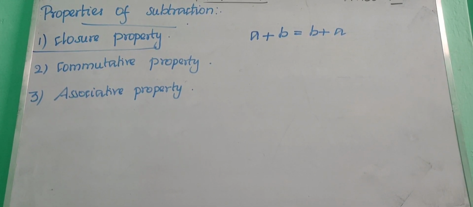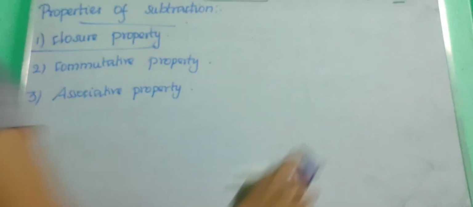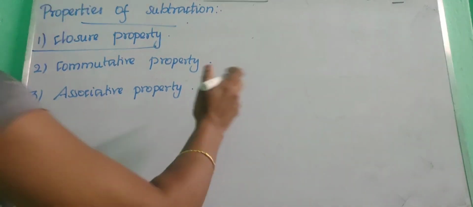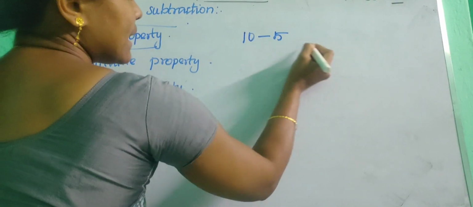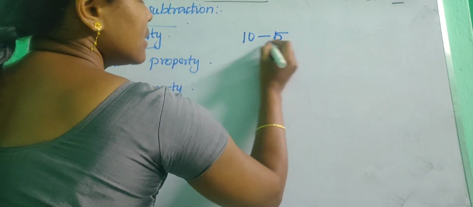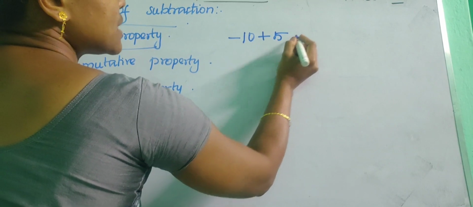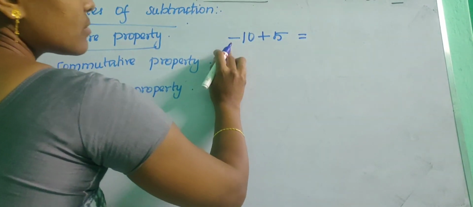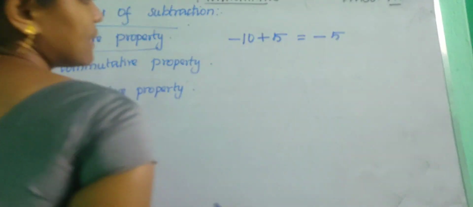Likewise, let us check in subtraction. See, if you are having 10 minus 5, what is the answer? Minus 10 plus 5, what is the answer? Minus 5 is the answer.